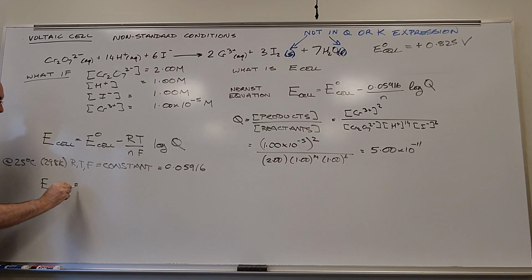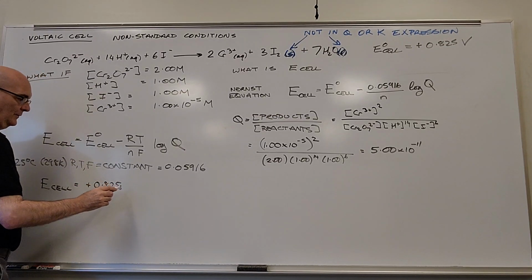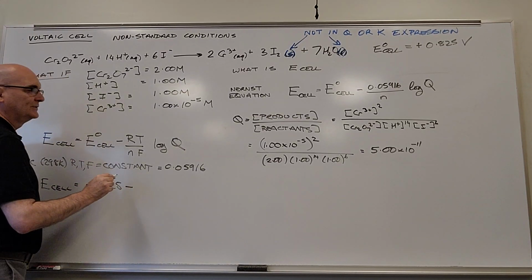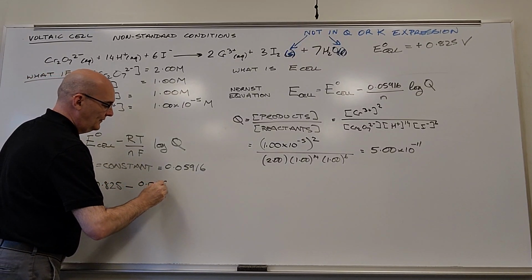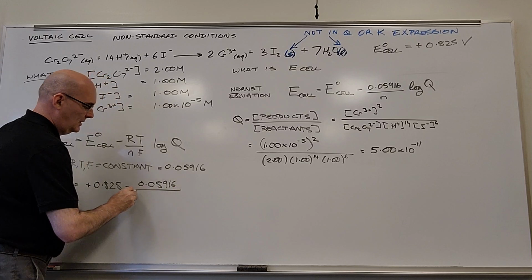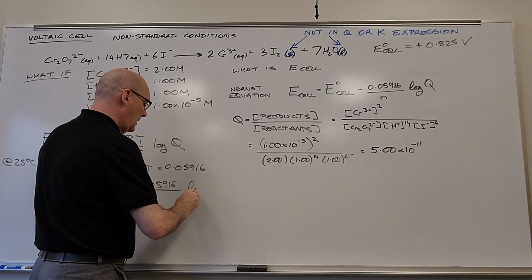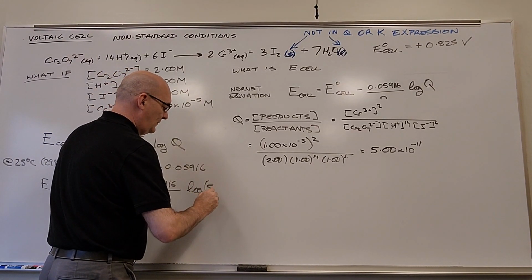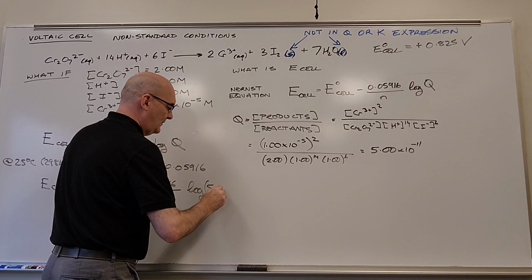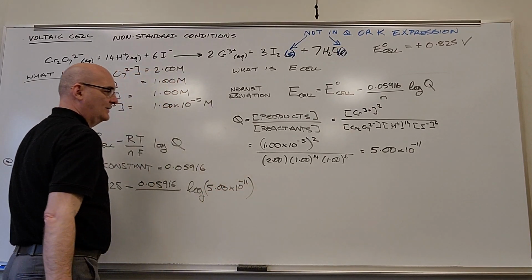So our E cell is our standard number, which was plus 0.825 volts, minus 0.05916, all divided by n, times the log of 5 times 10 to the negative 11.